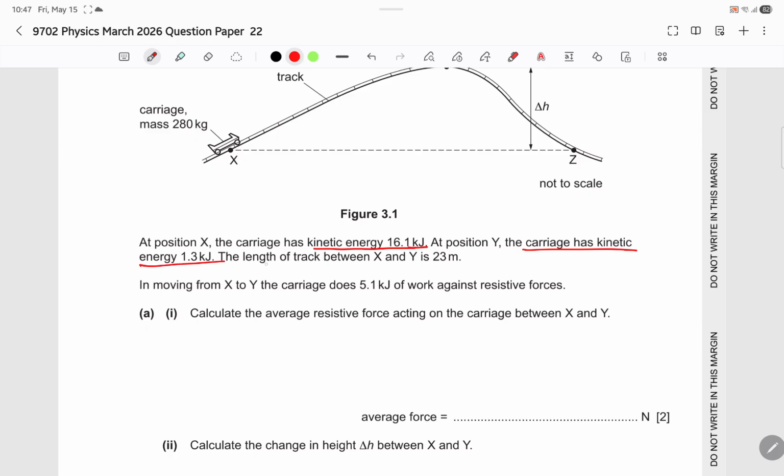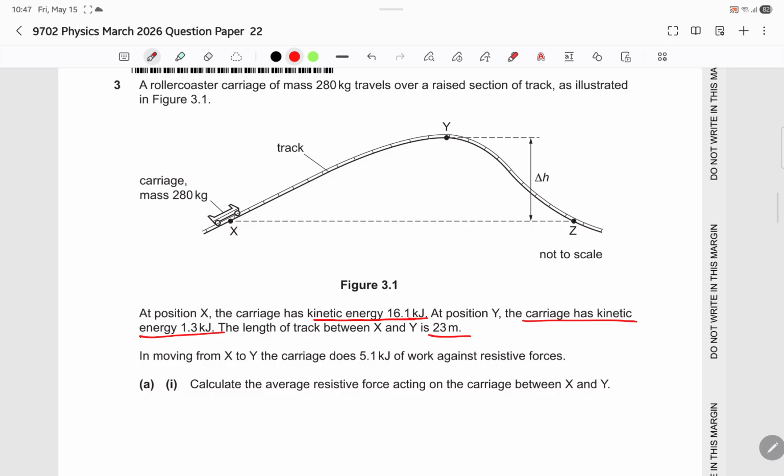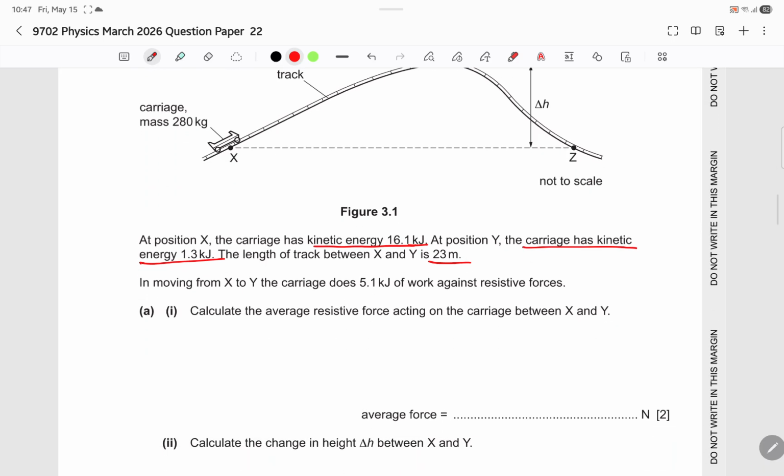The length of the track between X and Y is this. We have been given the distance between X and Y. In moving from X to Y, the carriage does 5.1 kilojoules of work against the resistive forces. Calculate the average resistive force acting on the carriage between X and Y.